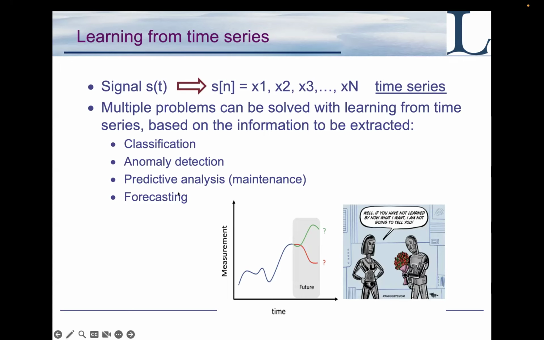Anomaly detection, or outlier detection, is a typical application, or forecasting. So we can do regression tasks, to predict what will be the next value after the measurement point, in the future.